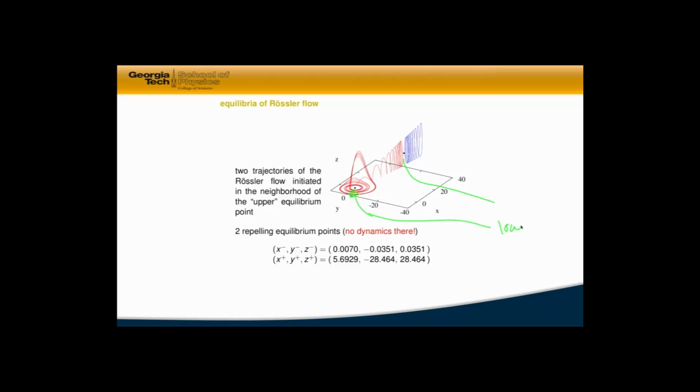So this is the lower equilibrium, upper equilibrium. And nothing happens at them because they're stable, but you notice that in their neighborhoods the trajectories seem to care about them. So they play some role.